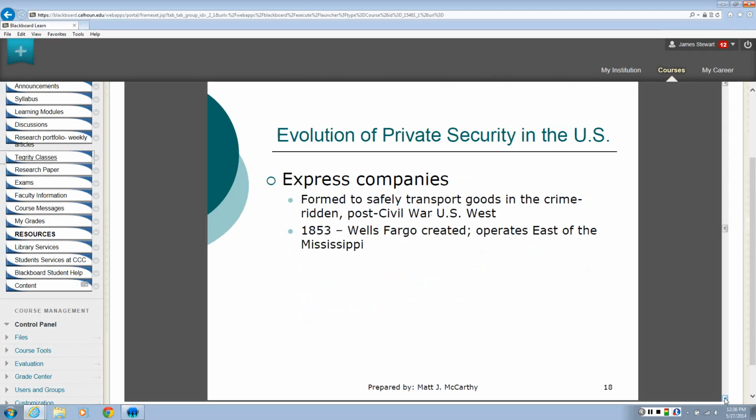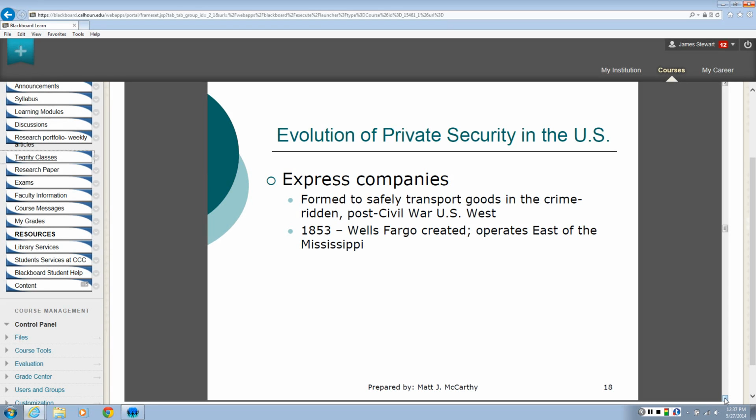We've seen that private security evolved not only in Europe but also into the United States, with companies like the Pinkertons, with the Railroad Police, with some of the other private investigation and private security companies that were formed in the 1800s.